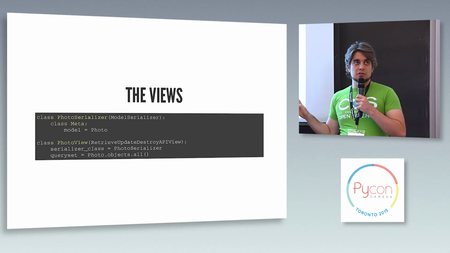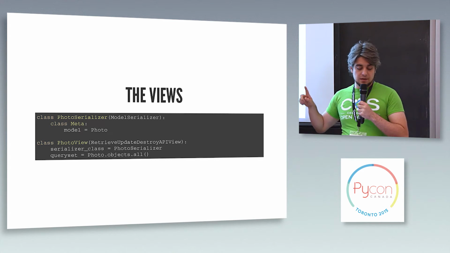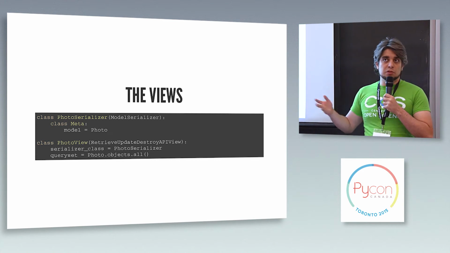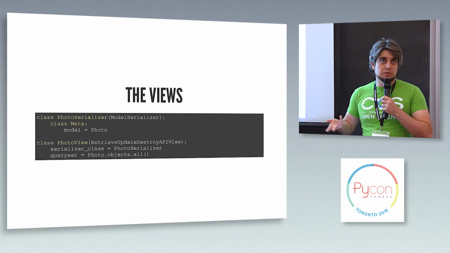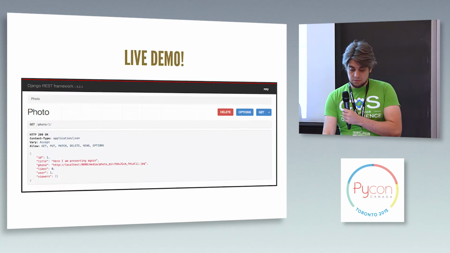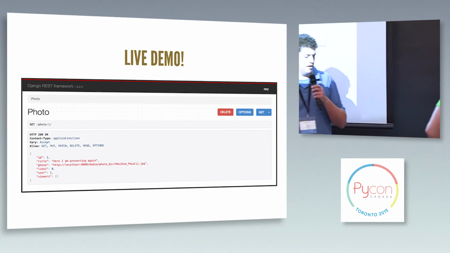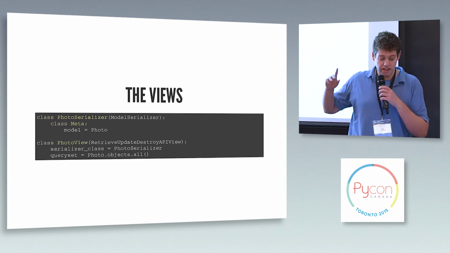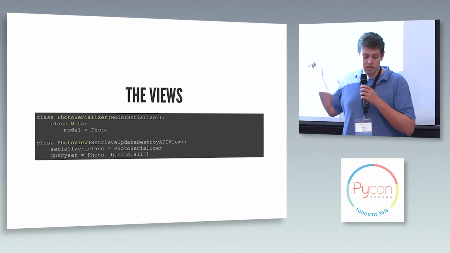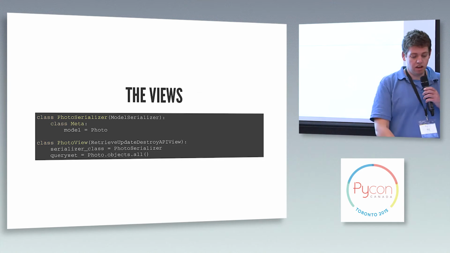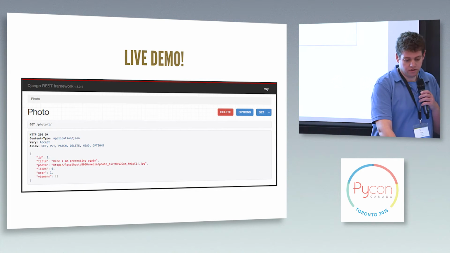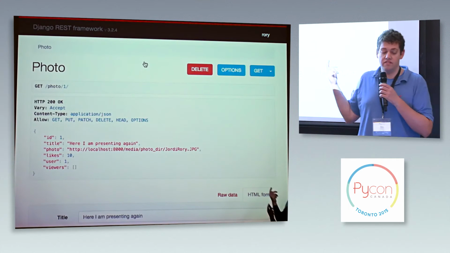And again, the minimum you have to define for a Django REST Framework view is just a serializer, which we just defined above, and a query set that tells you which photos can be reached through this view. All right. So we took a look at those 7 lines of code, right? That's basically all the code that we use to feed this live demo.